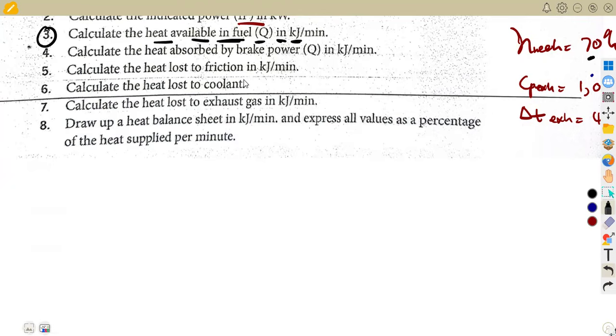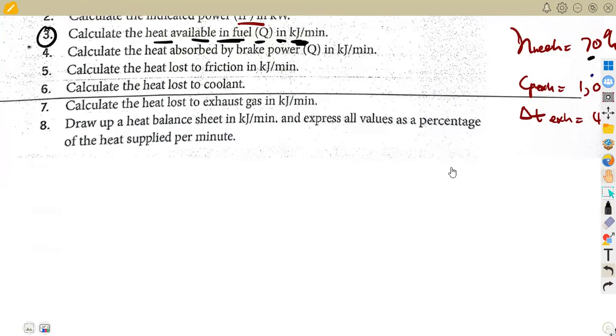That is where I say the units are very, very important, provided the information that you're given. They need the heat that is available in fuel, which is our fuel power.